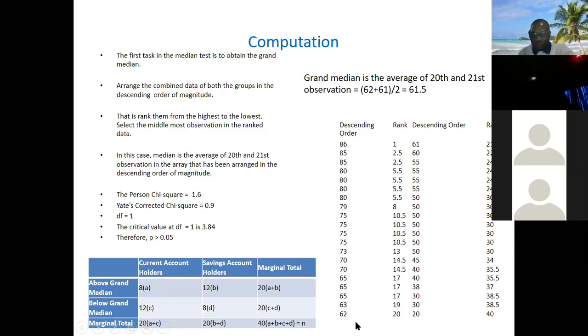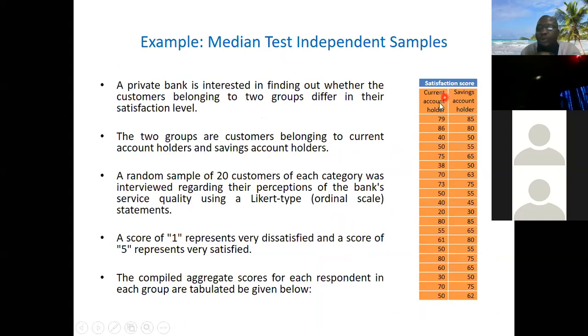Now, if you count it, you will see for group A, the first group, the current, that it's only 8 that have above 61.5, and 12 in savings have above 61.5.